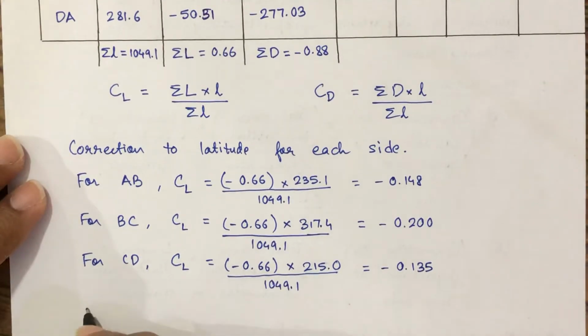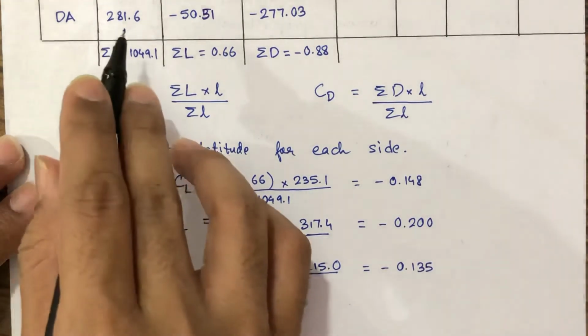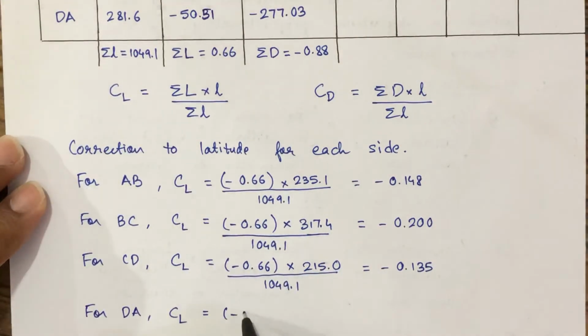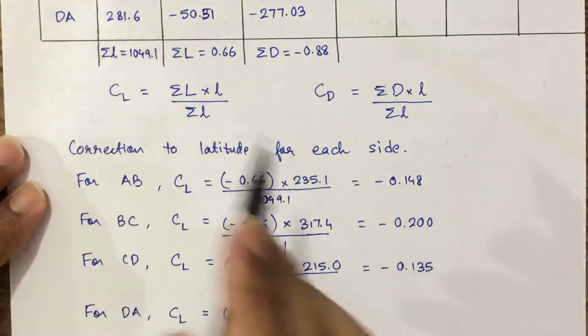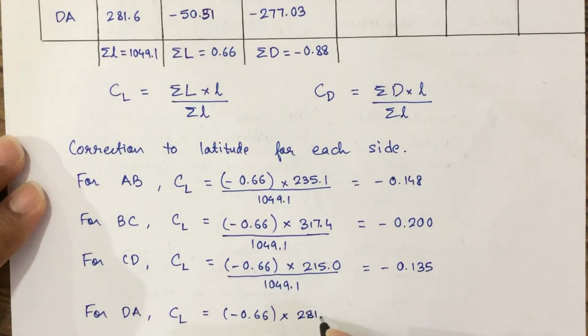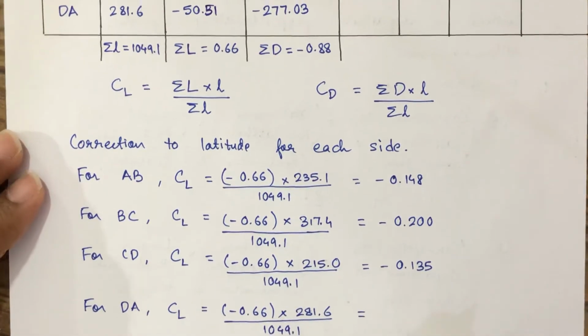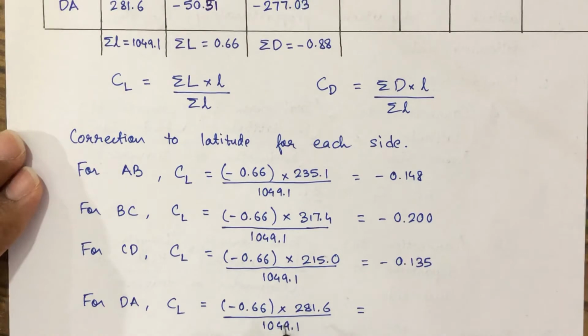And for side DA, the correction to latitude is minus 0.66 into the length of DA, which is 281.6, upon 1049.1. On calculating, it comes out to minus 0.177.